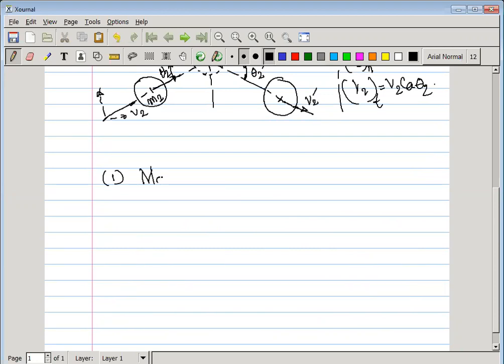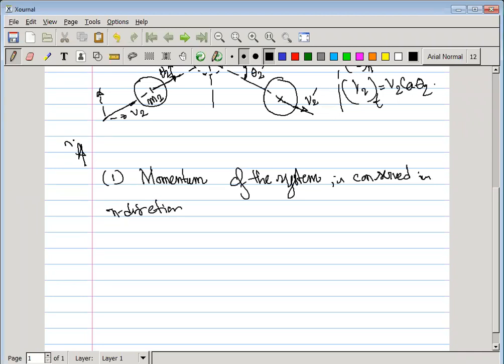Now what we have to do: the first thing we need to calculate is that the momentum of the system is conserved if we consider the n direction, this one is your n direction and this is your tangential, meaning t direction.